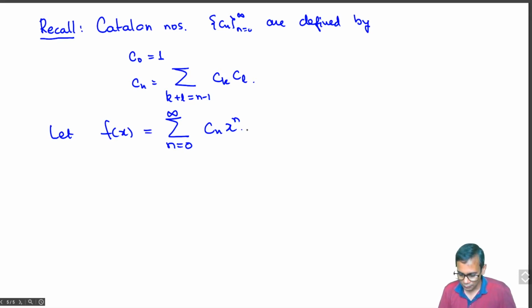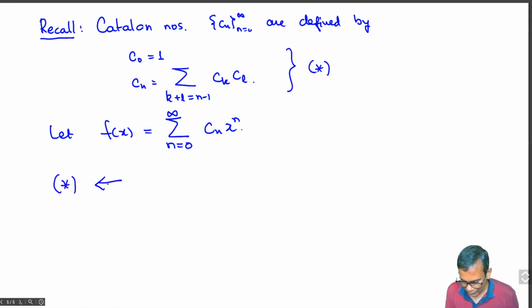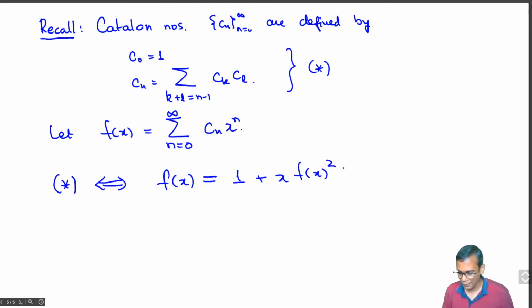And once you write this down, you can reinterpret these identities. These are saying in terms of generating functions that f(x) is equal to 1 plus x times f(x) squared, because if you look at the coefficient of x to the power n on the left hand side, for n greater than or equal to 1, it's going to just be Cn, and on the right hand side it's going to be precisely this sum, k plus l equals n minus 1 of CkCl.